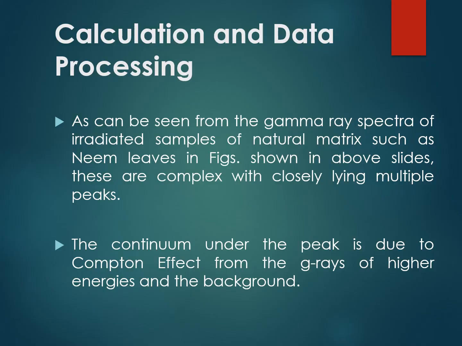So after different instrumentation and techniques, that how the instrumentation or sampling or interpretation is carried out, the last step is the calculation and data processing. As can be seen from the gamma ray spectra of irradiated samples of natural matrix such as neem leaves in the figures shown in the above slides, these are complex with closely lying multiple peaks.